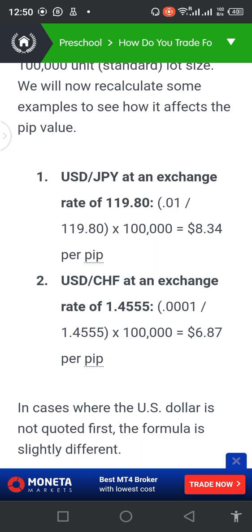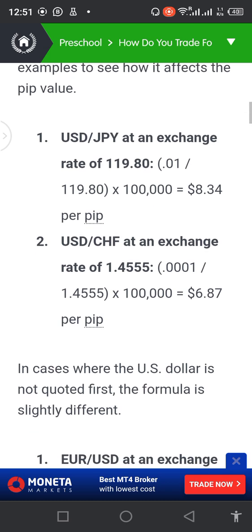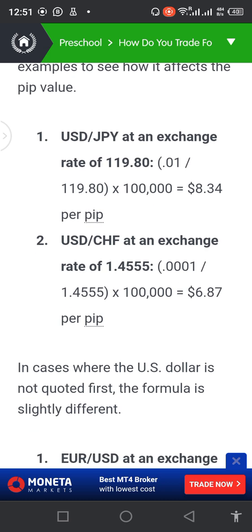It will then equal 8.34 per pip. That means each pip is equivalent to 8.34 US dollars.